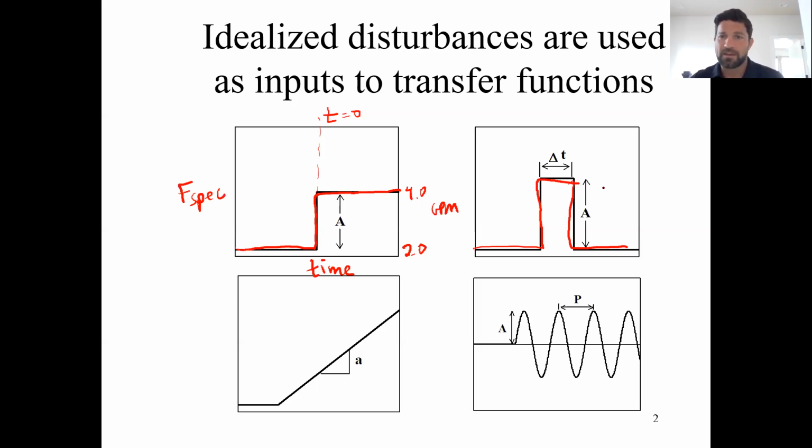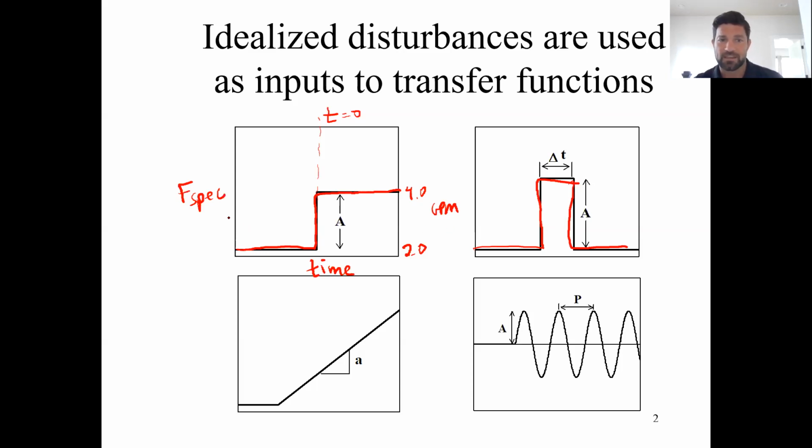Again, there is a little bit of a discussion in the textbook, and you can find these online as well. We can represent this type of step change using a mathematical relationship.